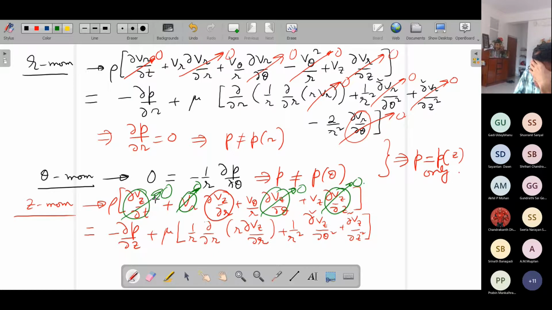So right hand side, if you see, Vz is not a function of theta. And because Vz is not a function of z, its second derivative with respect to z is also 0.